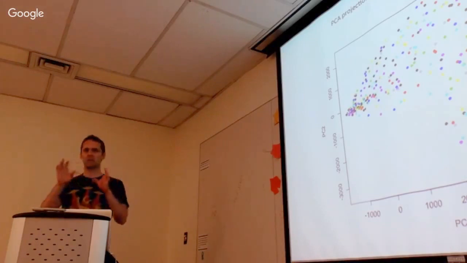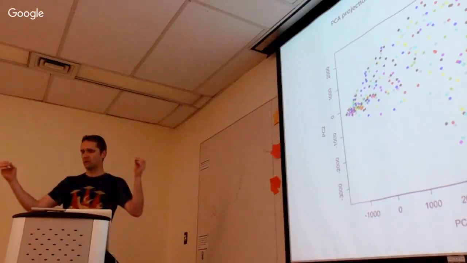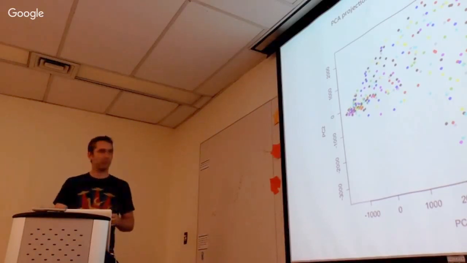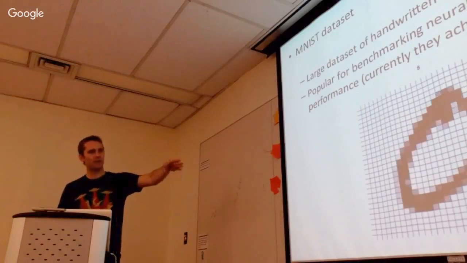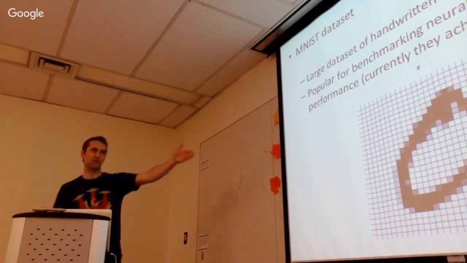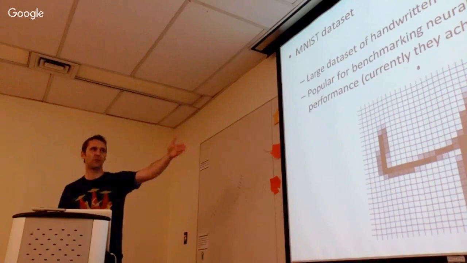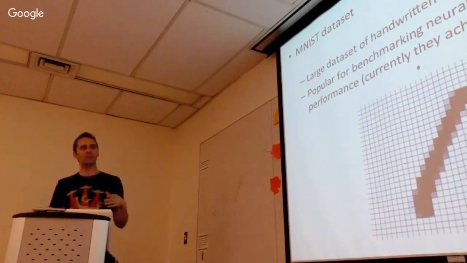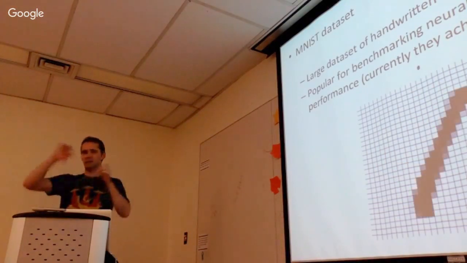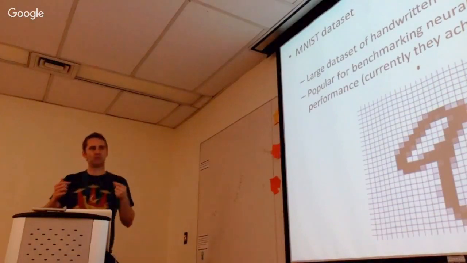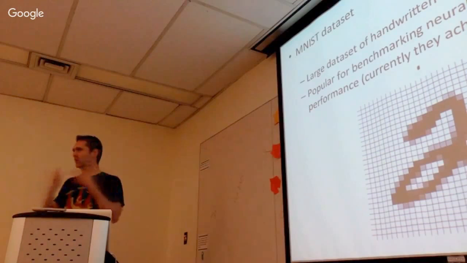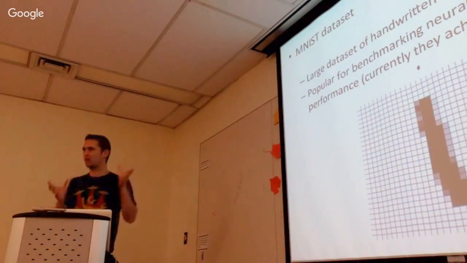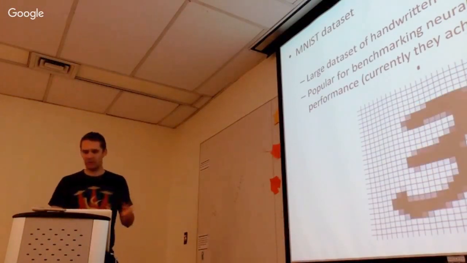It's because it will try to find some similarity between these fields, but a 0 might be shifted over, so there's no real overlap in the pixels. And because the principal component analysis doesn't really have an understanding of the shape or the form of that, this method doesn't work.